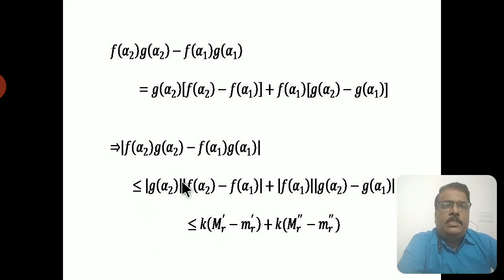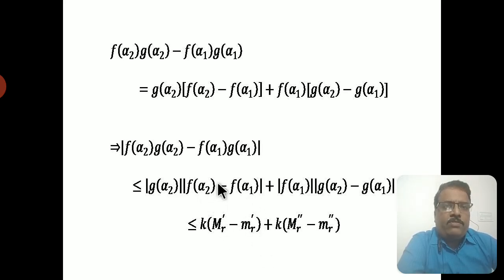Now this absolute value of g of alpha 2, because g is bounded, its absolute value is less than or equal to k. Similarly here, f of alpha 2 minus f of alpha 1 becomes, now see, this capital M dash is the upper bound of the function f, and small m dash is the lower bound of f.